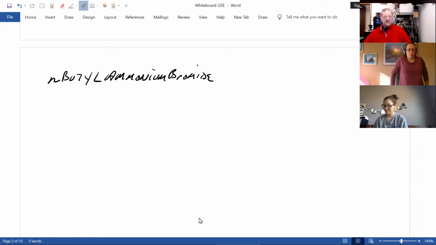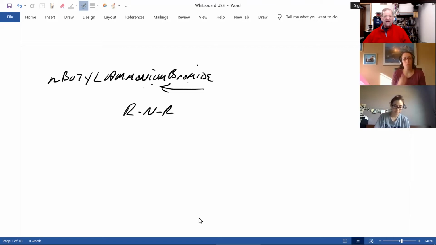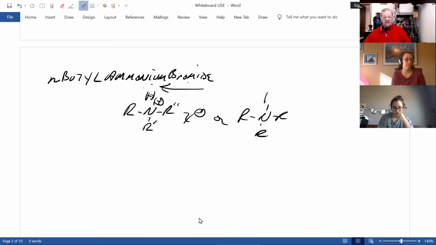All right, let's do this. How do you do this? You start from this side, move that way. Ammonium halide, that tells you it's either an amine salt or a quaternary ammonium salt. And how do you tell which is which?